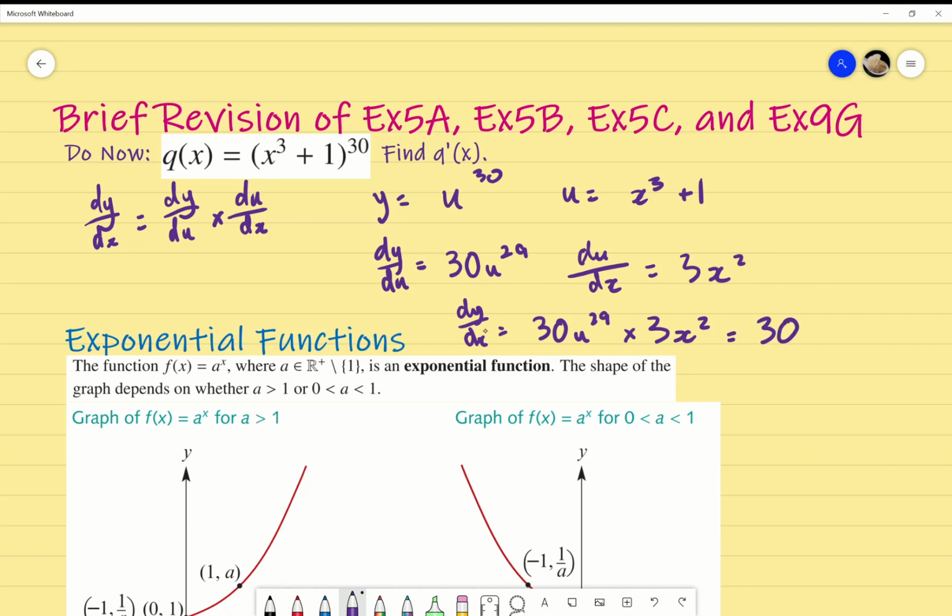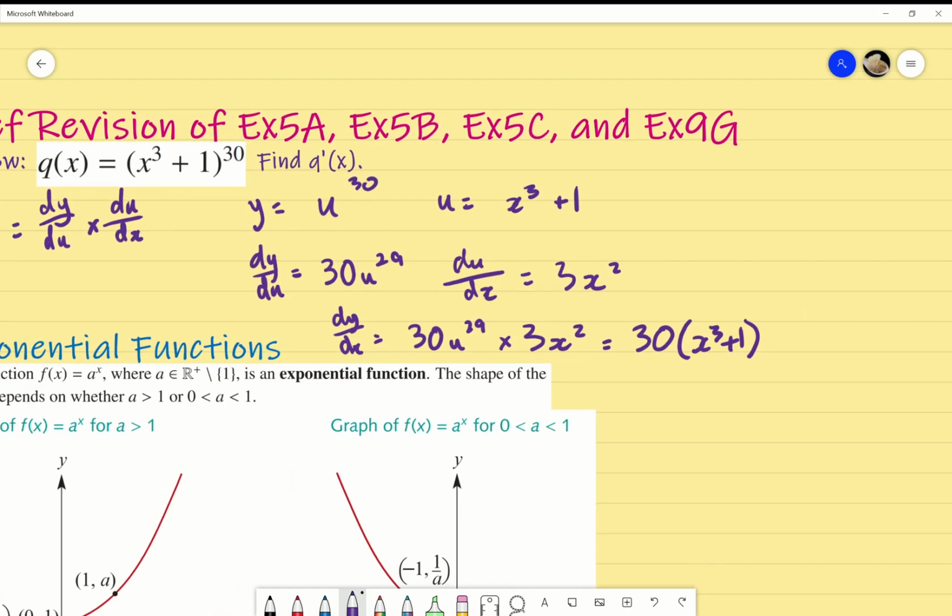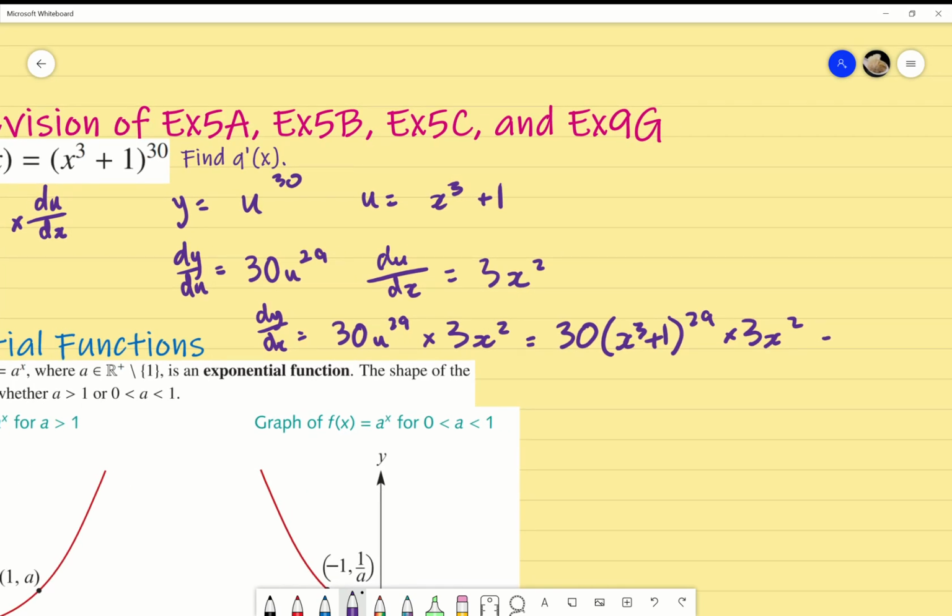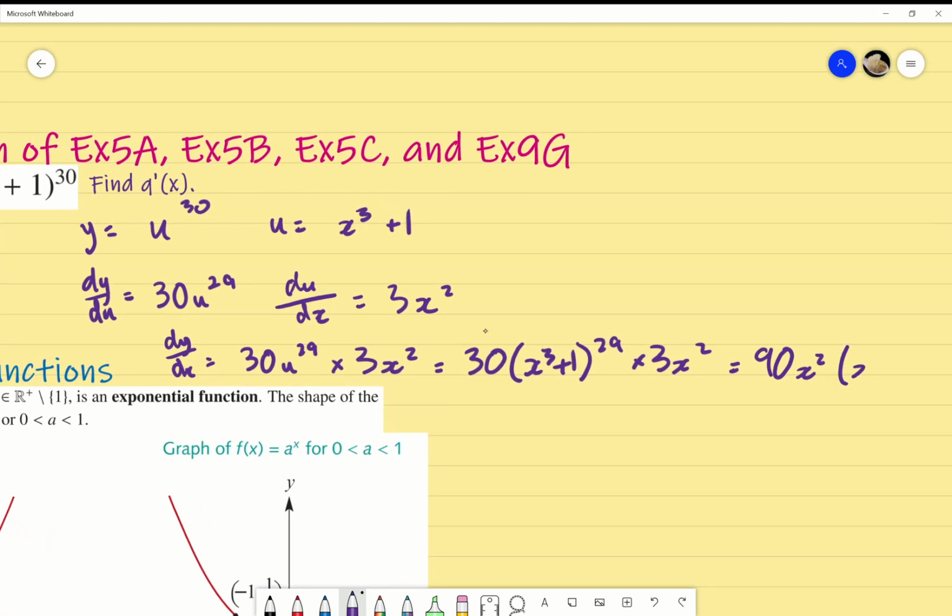So we get 30 brackets, and we'll write x cubed plus 1 to the power of 29 times 3x squared. Can I simplify that without making a whole bunch of expansion and whatnot? How do I simplify it, Renuka? Lovely. I can just multiply them, so I get 90x squared, and then brackets x cubed plus 1, all to the power of 29.